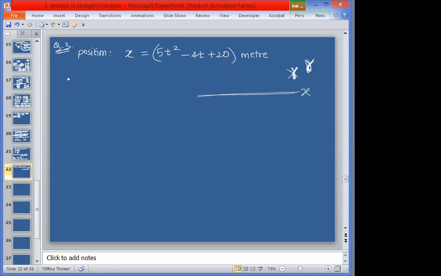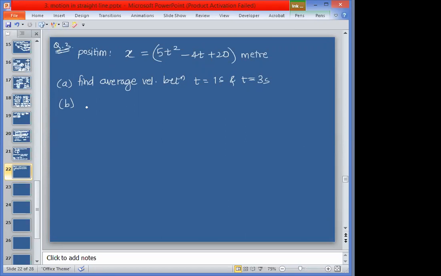The initial time is 1 second and the final time is 3 second. We will try to find it.